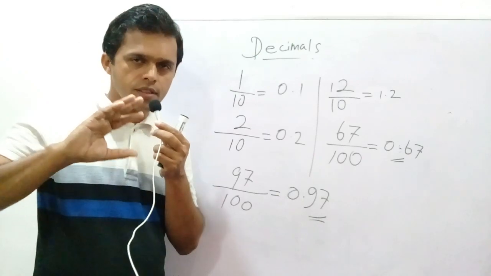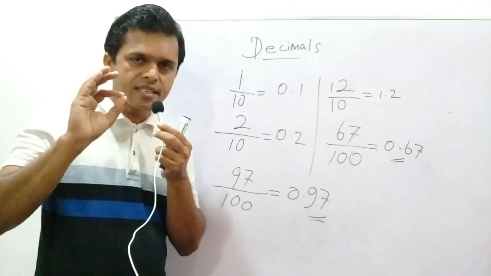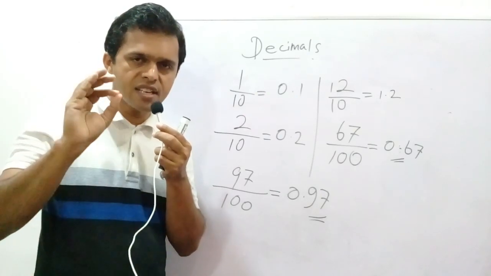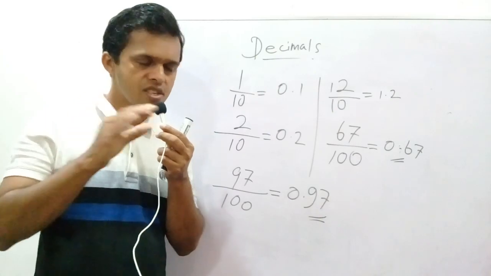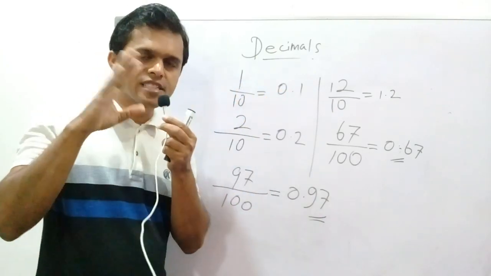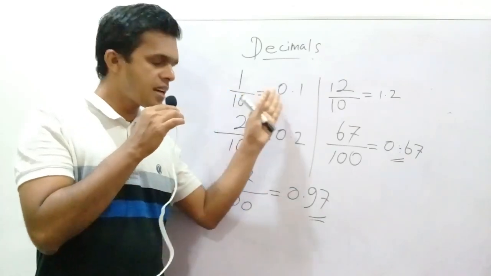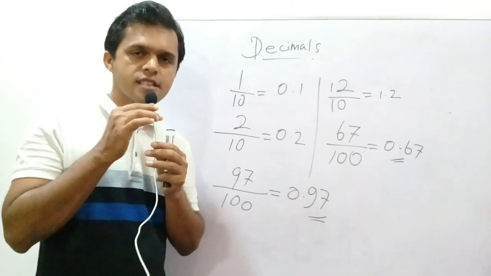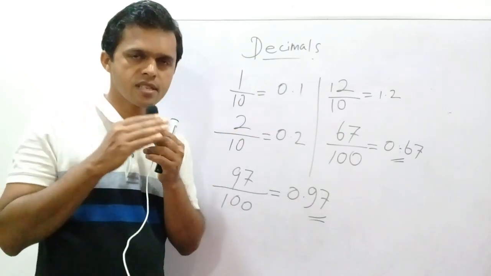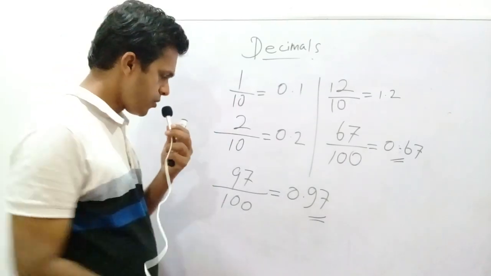At this time, you understand that there is a relation between a fraction and a decimal number. So fractions can be converted into decimals. You have learnt this in the last year.